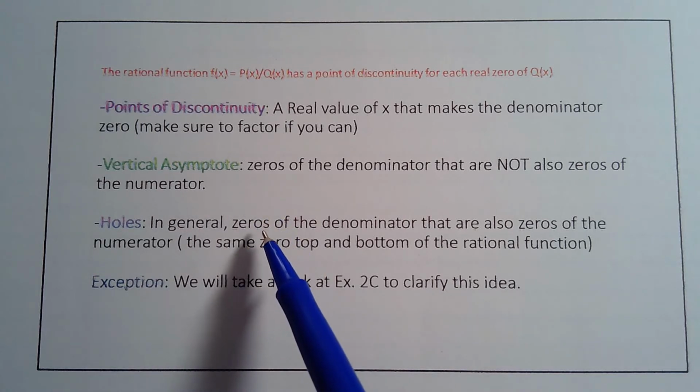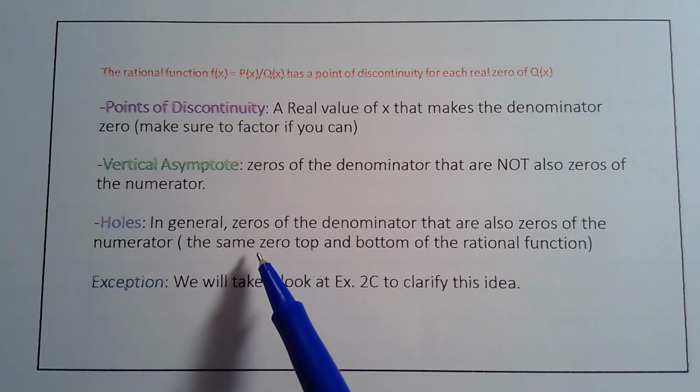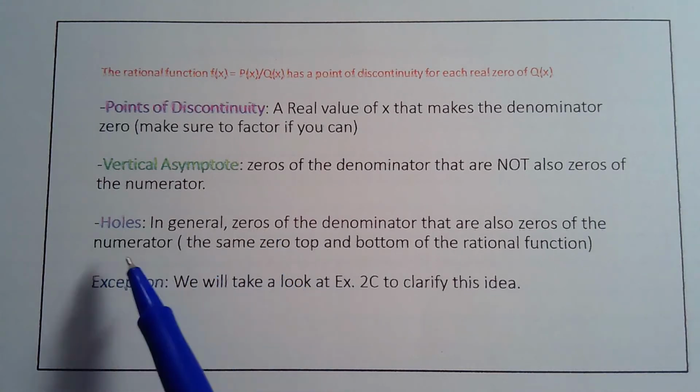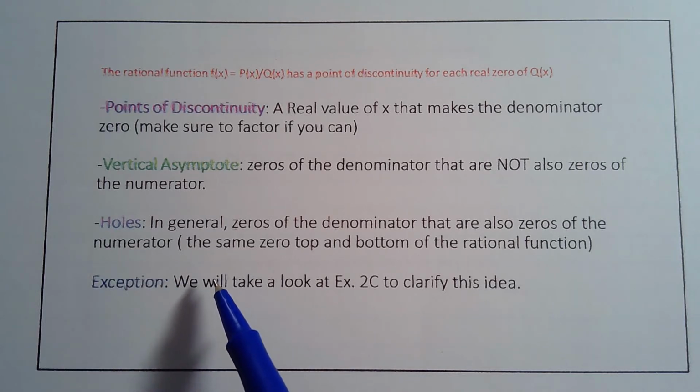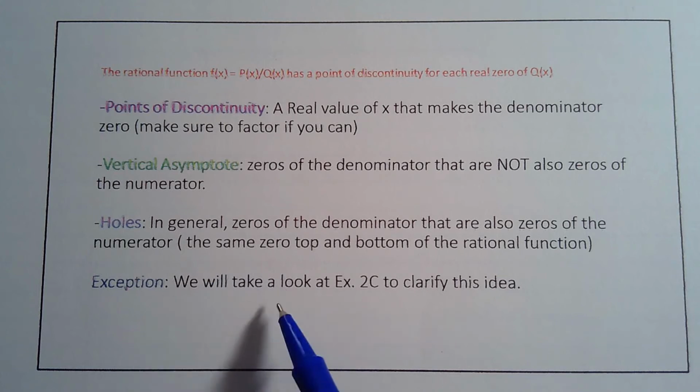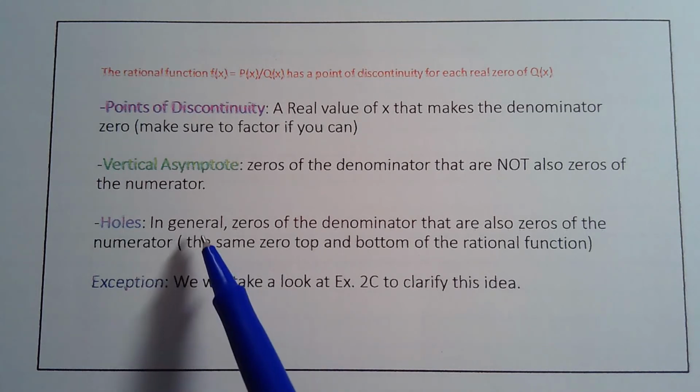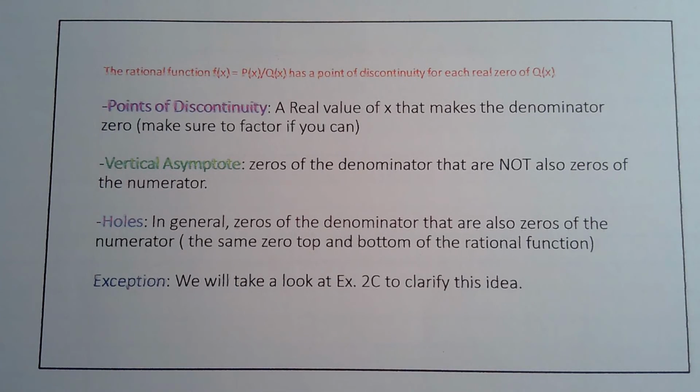And then if we have the same binomial, top and bottom, so the same zero, top and bottom, that's when it forms a hole. And then there is one exception when we end up having two in the denominator of the same type of binomial and one. I'll go through that example because it is a little bit confusing, but there is one exception to the hole thing. All right, so let's just work through a couple of examples of these.